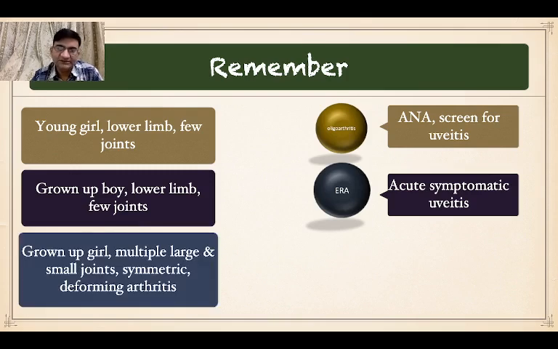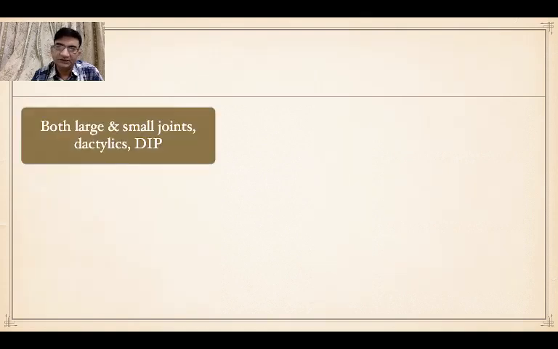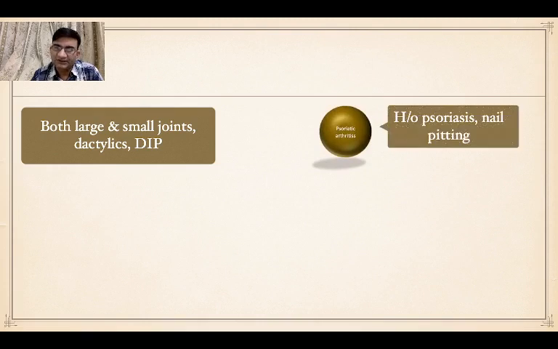The next pattern is grown-up girl, multiple large and small joints, symmetric deforming arthritis. I'm sure all of us now know that this is a characteristic pattern of rheumatoid factor positive polyarthritis, and it has a poorer prognosis as compared to oligoarthritis. Both large and small joints, dactylitis, distal interphalangeal joint, I'm sure now we know that this is psoriatic arthritis.